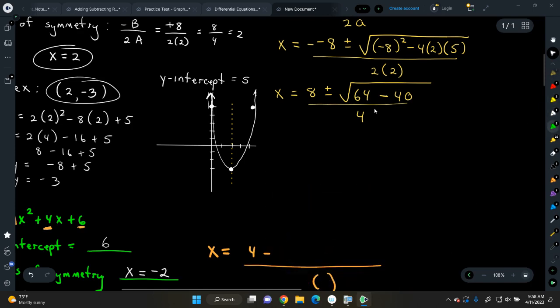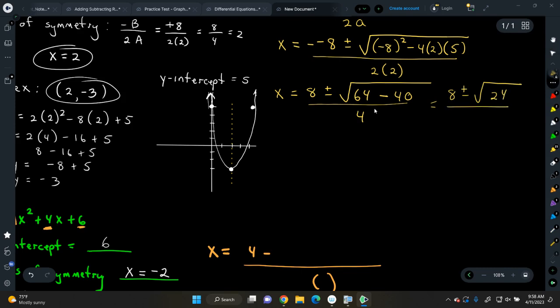Okay. So we get 8 plus or minus the square root of 24 over 4. So x equals 8 plus the square root of 24 over 4, and x equals 8 minus the square root of 24 over 4.